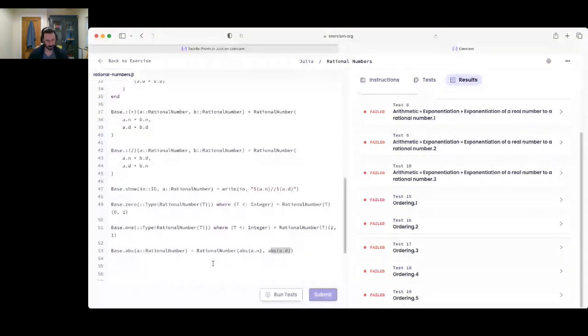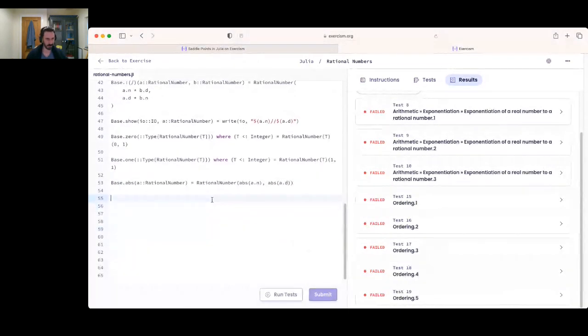Let's quickly do the equals, because that's a fairly important one. Are two rational numbers equal?